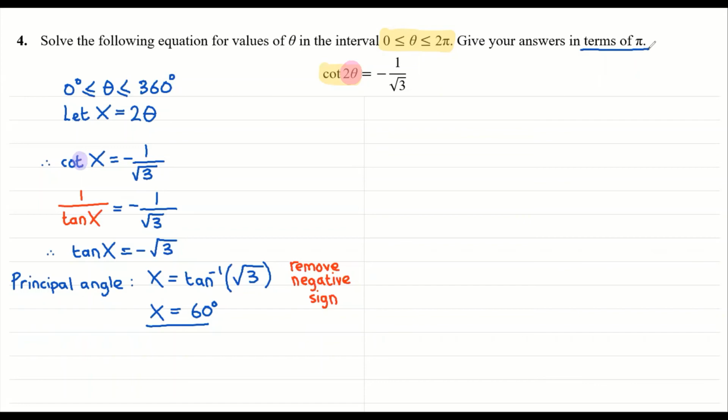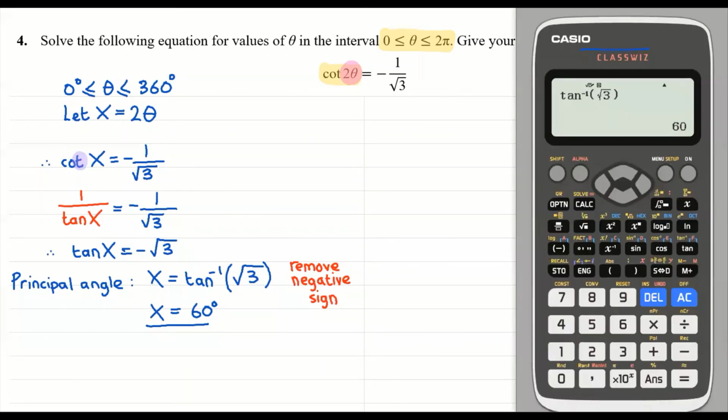So 60 degrees, 30 degrees, 45 degrees, etc. Just a little bit of a clue there. All right, so we've got the 60 degrees. Now we've got our principal angle. We just have to make an adjustment to our interval. So that's the next job. So we're going to adjust the interval.